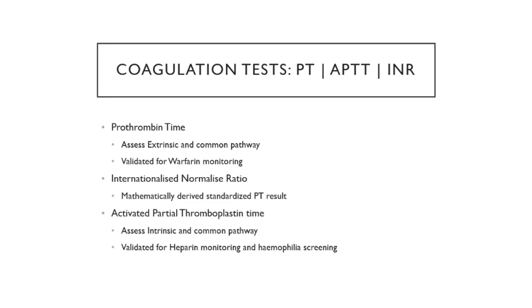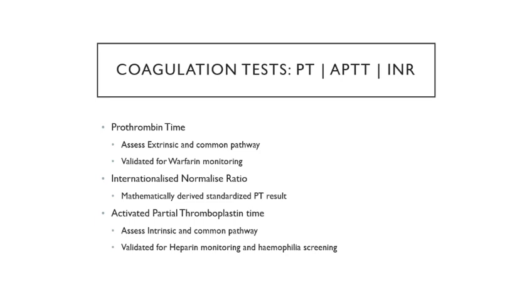The International Normalized Ratio, otherwise known as INR, is a standardized measure used to evaluate the coagulation status of patients, particularly those on anticoagulant therapy with vitamin K antagonists such as warfarin. The INR standardizes prothrombin time results, accounting for variations in reagents and laboratory techniques, thereby allowing for consistent monitoring and management of anticoagulation therapy across different settings.